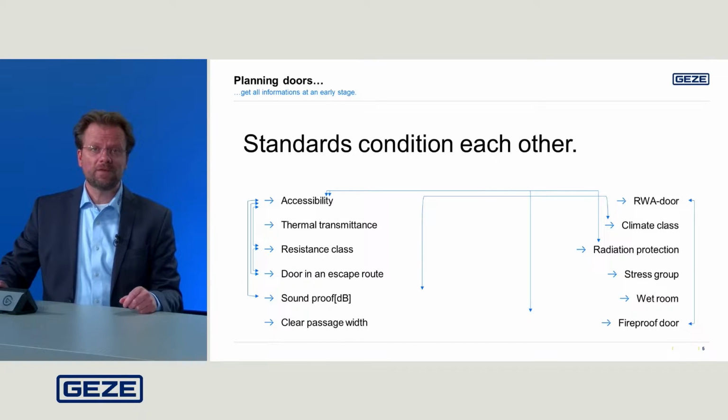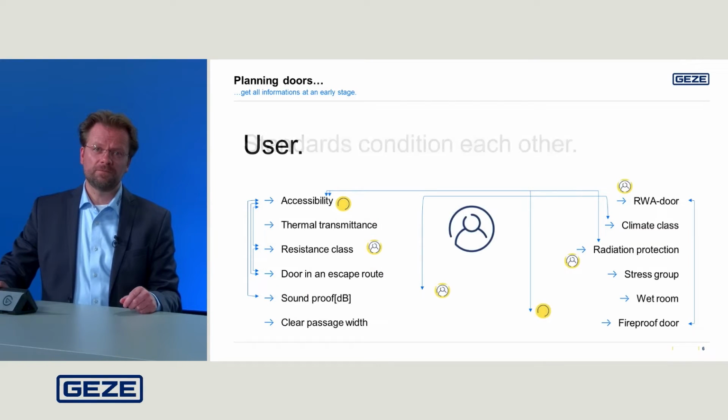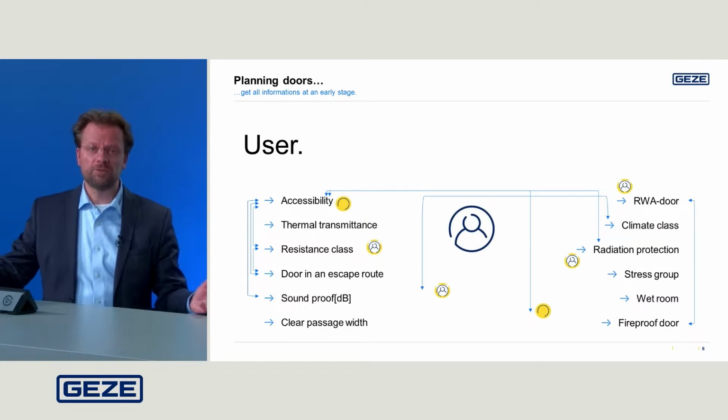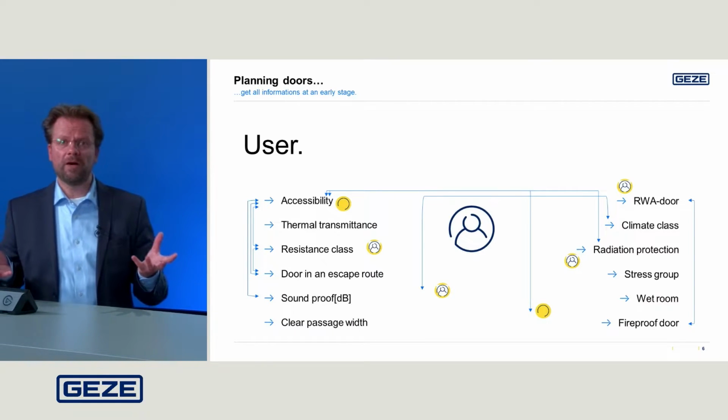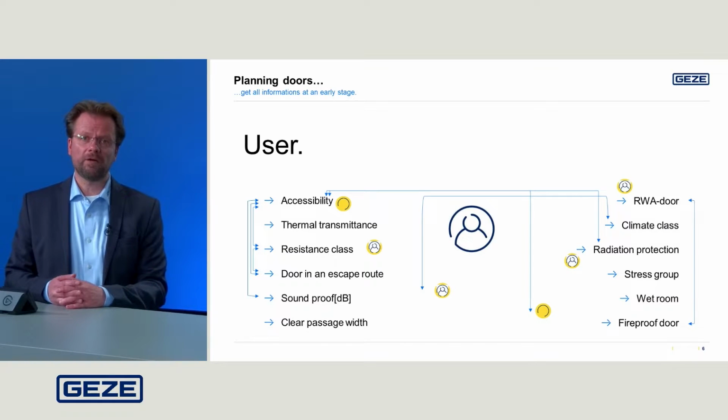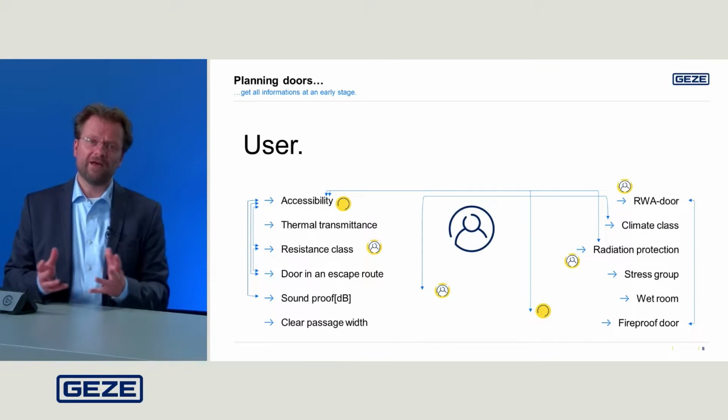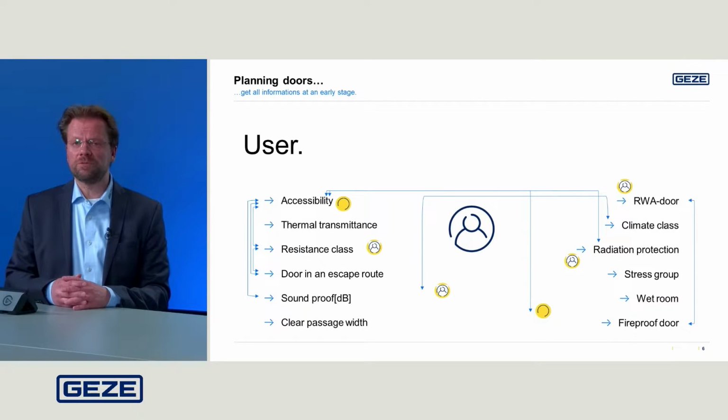But then there is another person that is very important for us, and it might be the user. In this case, the user doesn't care about law. He doesn't care about these problems. He's making the doors afterwards the way he wants them to be.